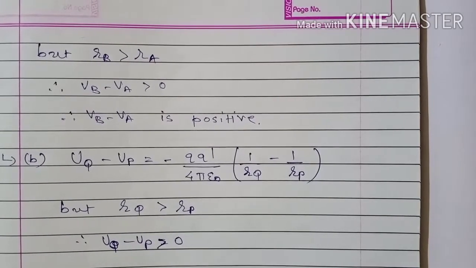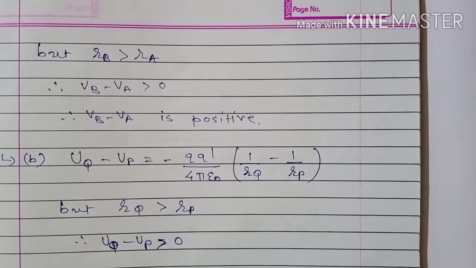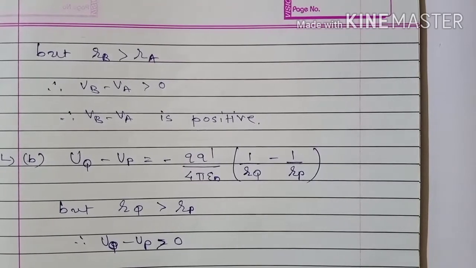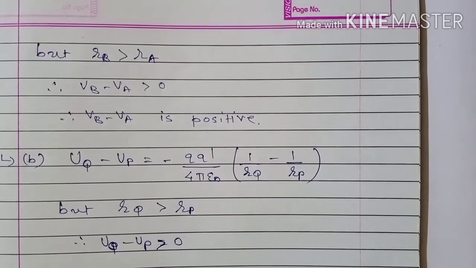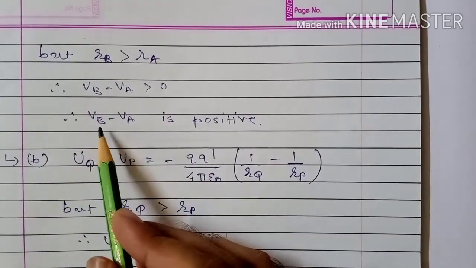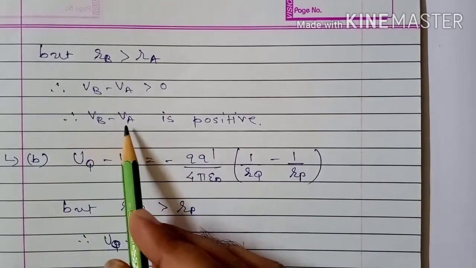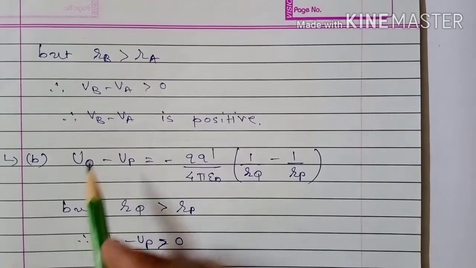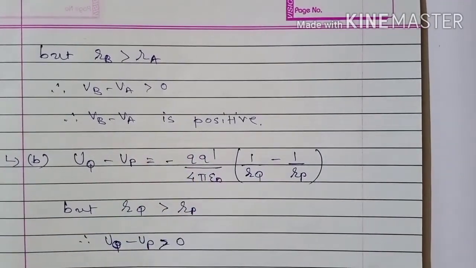Therefore the value of bracket will be negative, negative, negative, positive, therefore Vb minus Va is greater than 0. It means the difference of potential at point B minus potential at point A is positive.